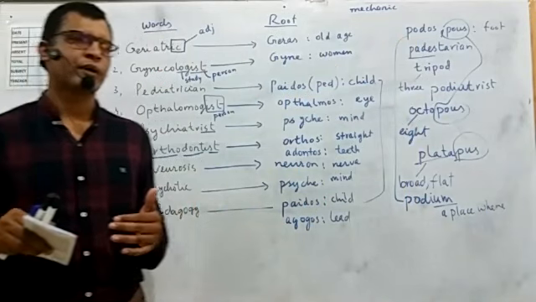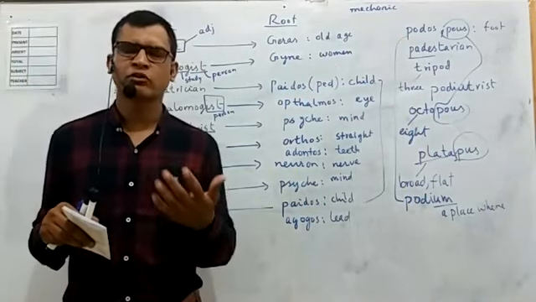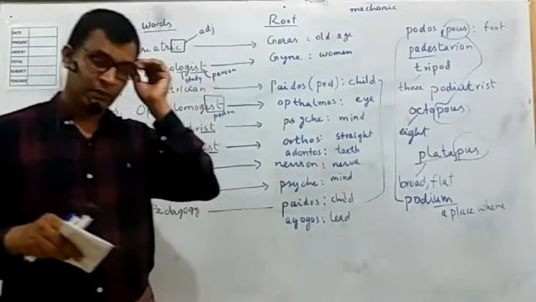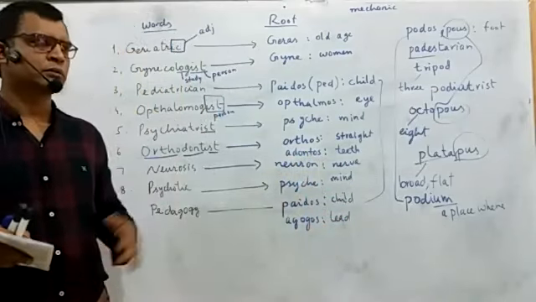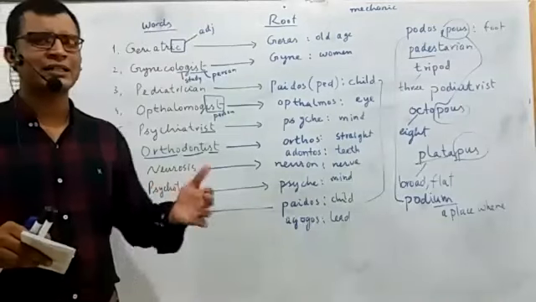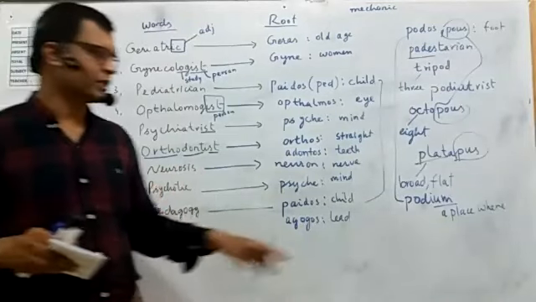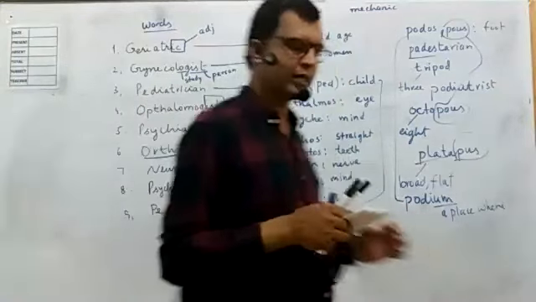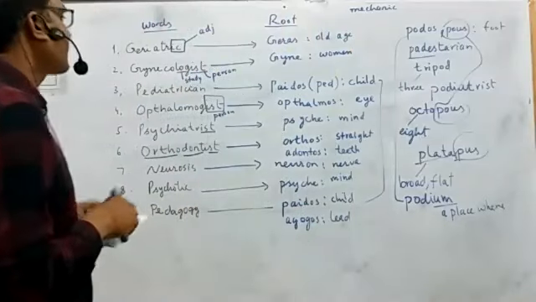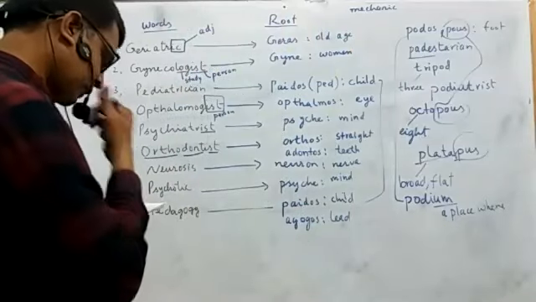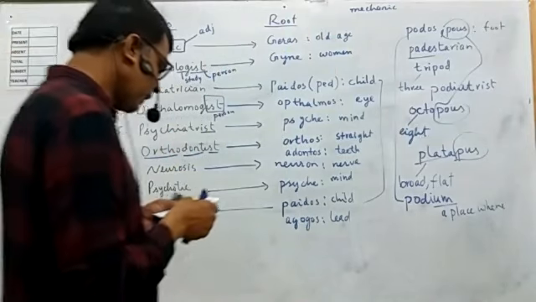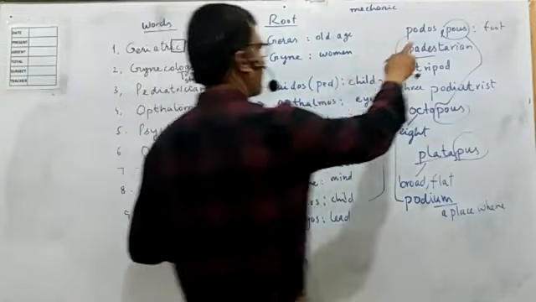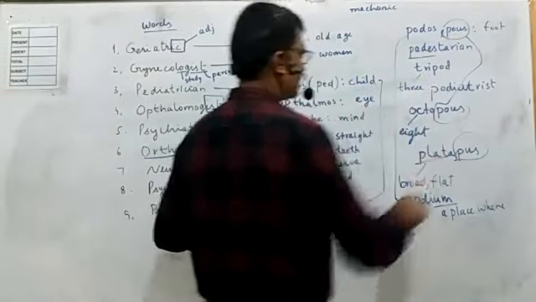If there is some performance, somebody is going to make a speech, he would stand at a certain place. There may be a dais over there, so it is a kind of designated place where a person stands. Pod is with feet, and ium with a place. So a place where we stand is called podium. This is how this podos pous is dealing with such words.